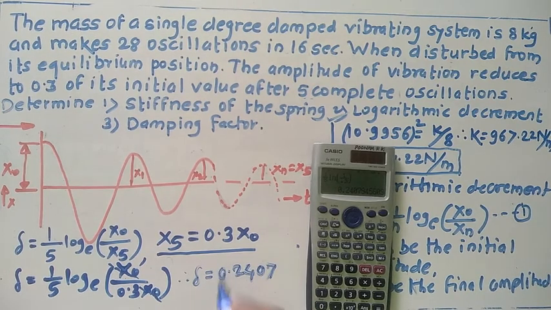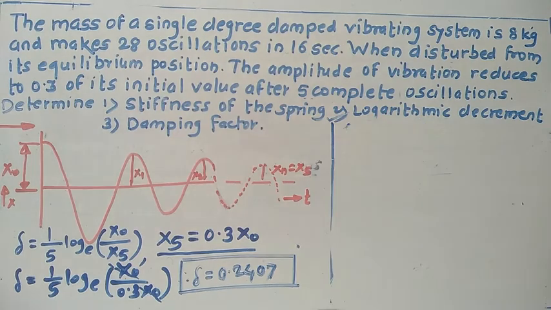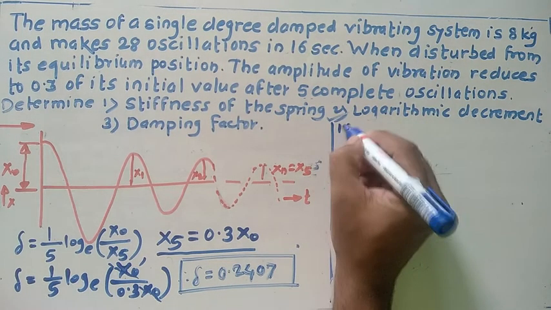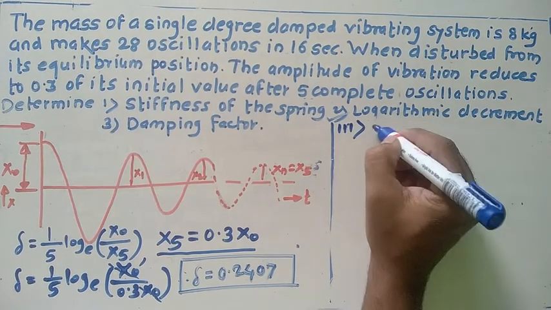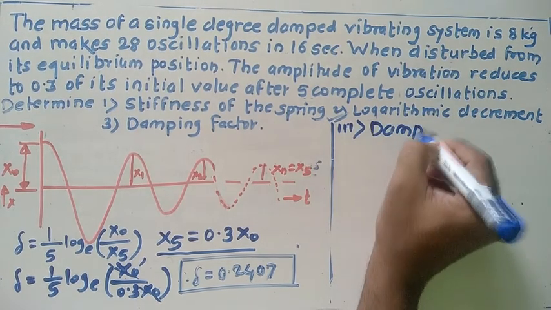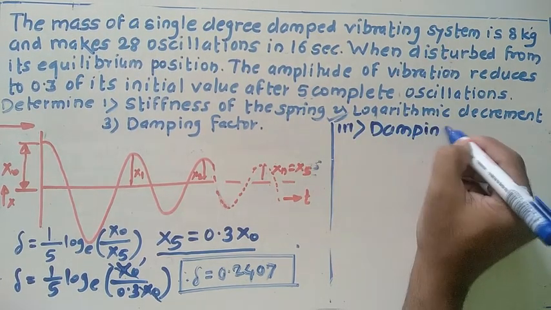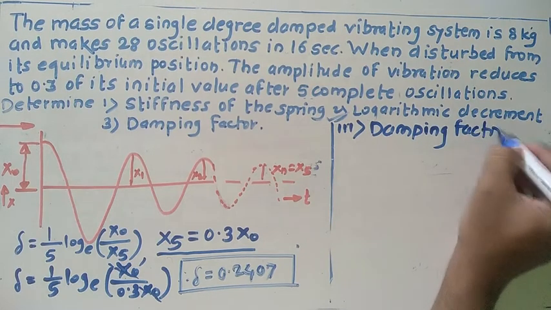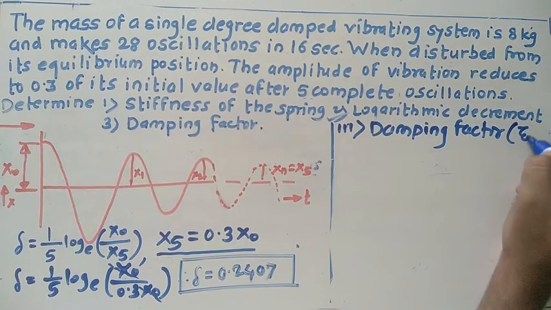This is the answer for the second point, logarithmic decrement. We'll move towards the next. Our next target is the answer for the damping factor, that is zeta.